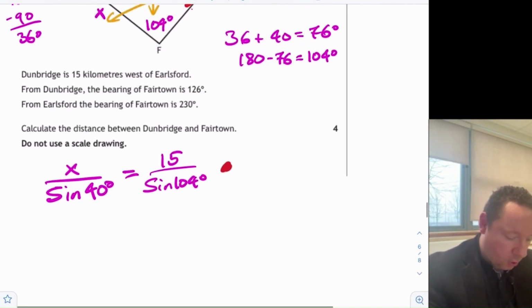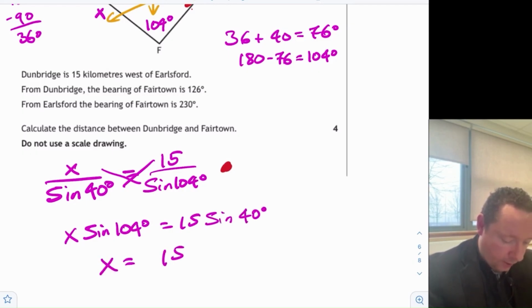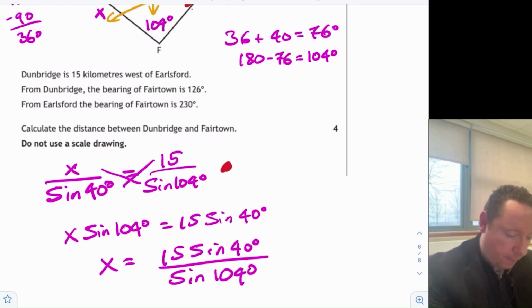So as per usual, we can say that x sine 104 equals 15 sine 40. So x is 15 sine 40, divided by the sine of 104 degrees. And that's a mark at that point as well.